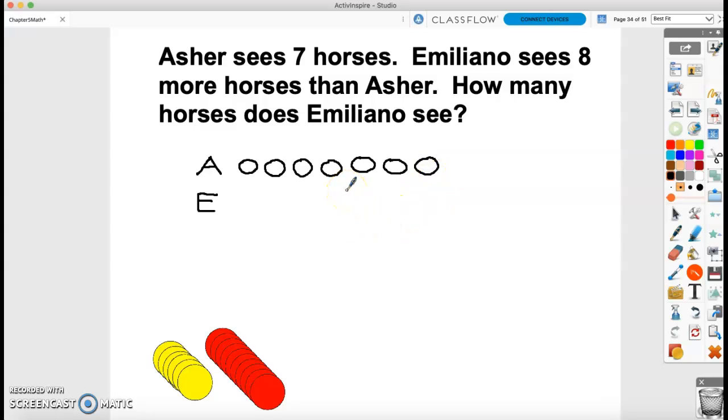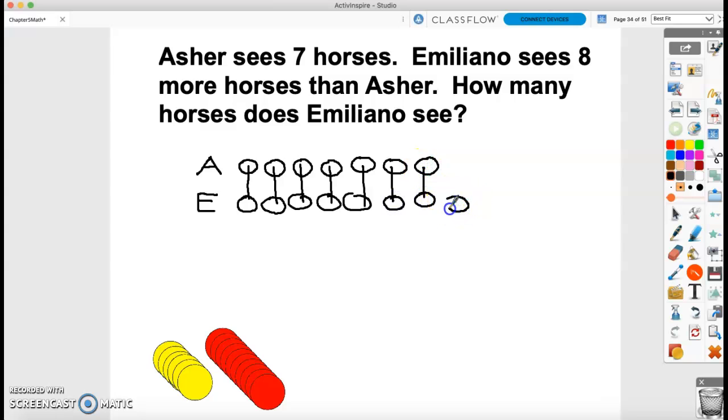And Emiliano sees 8 more horses than Asher. So he sees Asher's 7. So he sees 7 that Asher sees. So these are the ones that they both see, 7. But now Emiliano sees more.